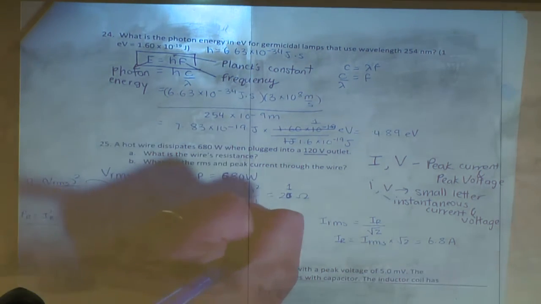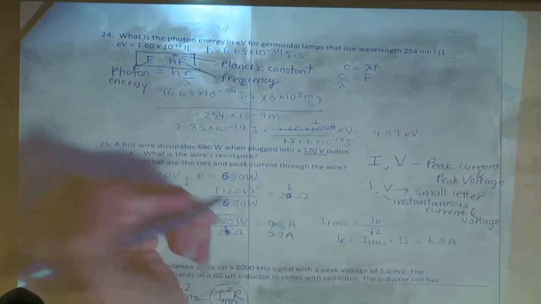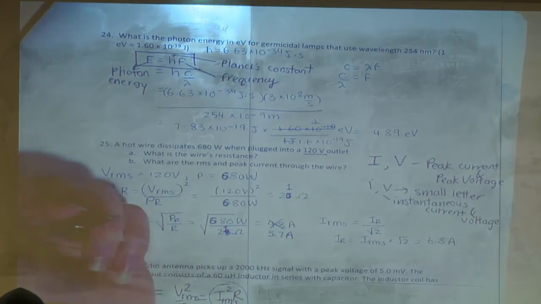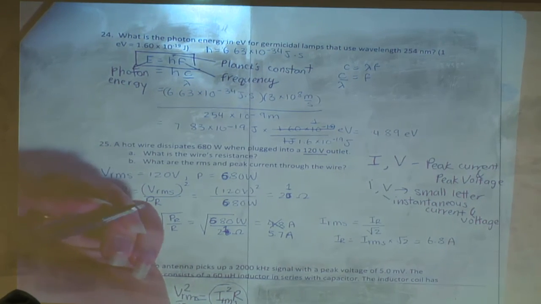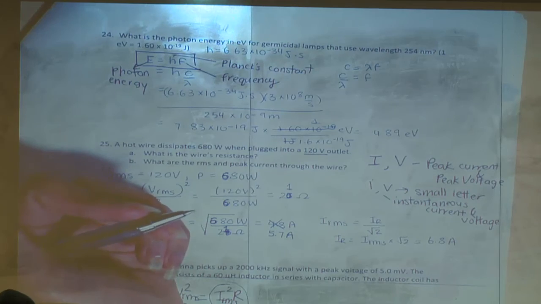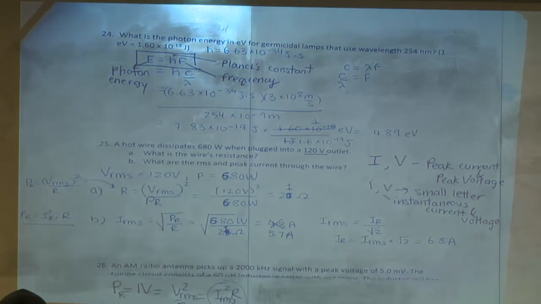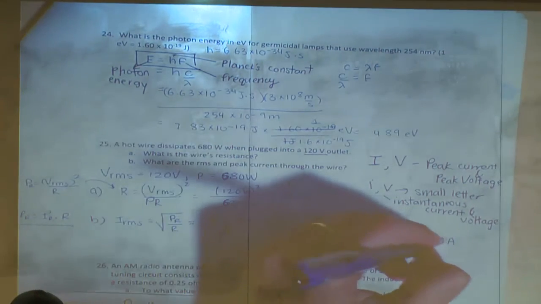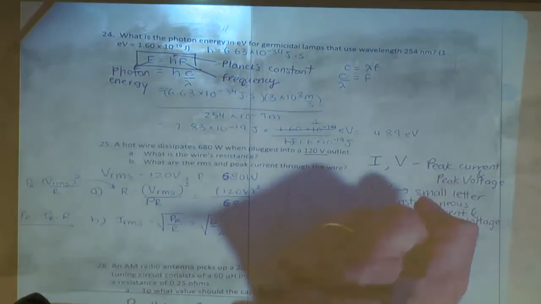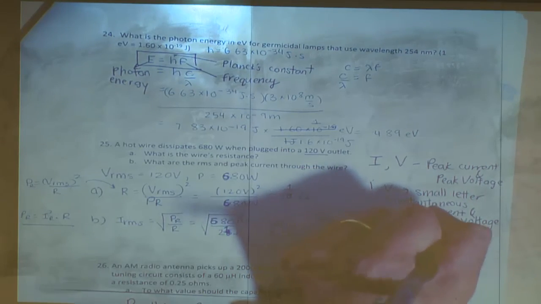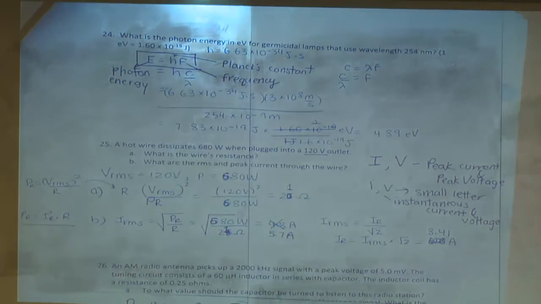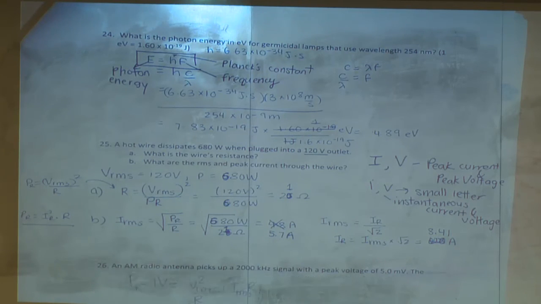Perfect. And then can you do 5.7 times the square root of 2? It's 8.047. Okay, that looks right.